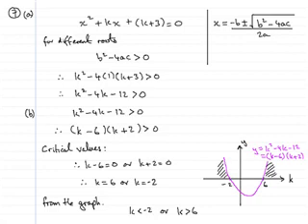And that is the solution, the range of values of k which would make the equation up here have two different roots.